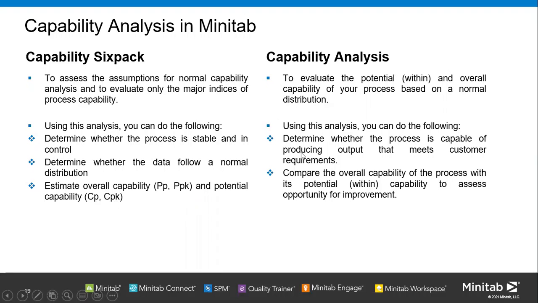But in the capability analysis, you need to determine whether the process is capable first, and then compare the overall capability of the process with the potential or within capability to assess the opportunity for improvement. So some information will be different between the capability Sixpack and the capability analysis. We look at this after this.